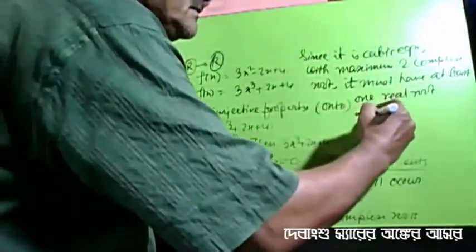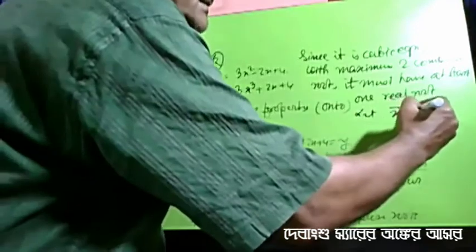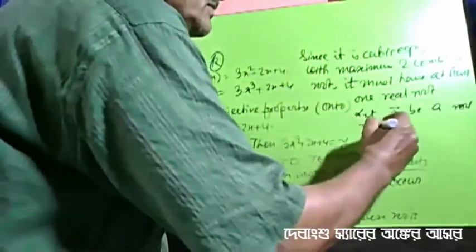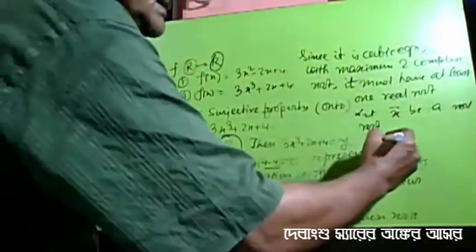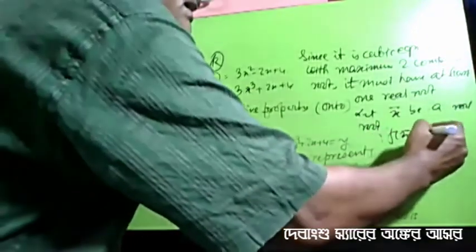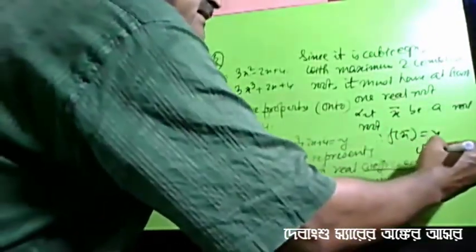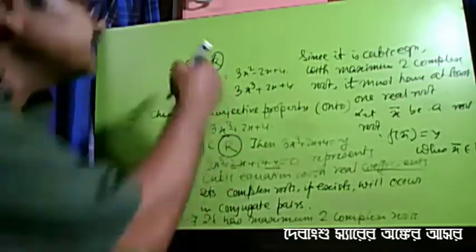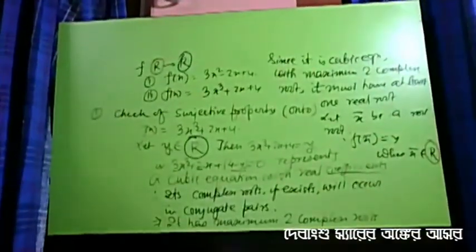Let x bar be the real root. Hence, f of x bar is equal to y, where x bar belongs to R, and this R is nothing but this red R. Clear?